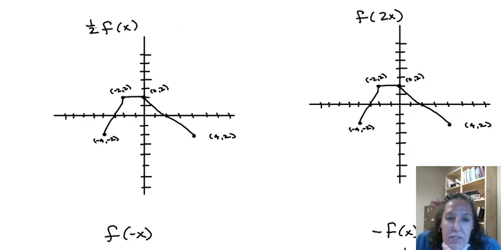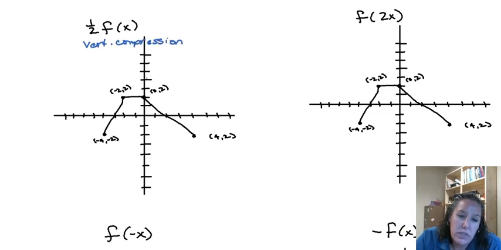All right, a 1/2 out front means that we are going to have a vertical change. It's on the outside of our function, and we're going to multiply all of our y values by 1/2 because it's going to be a vertical compression. And so it's going to take all of our y values here and multiply them by that number out front, 1/2.